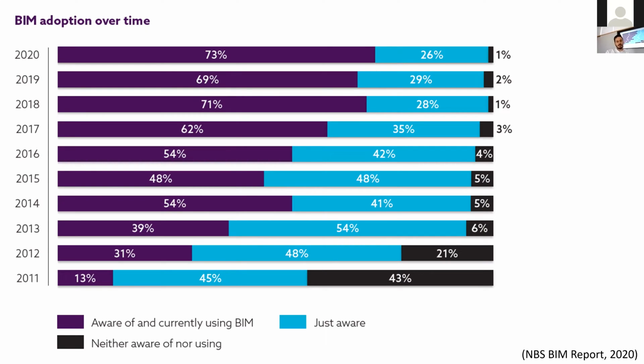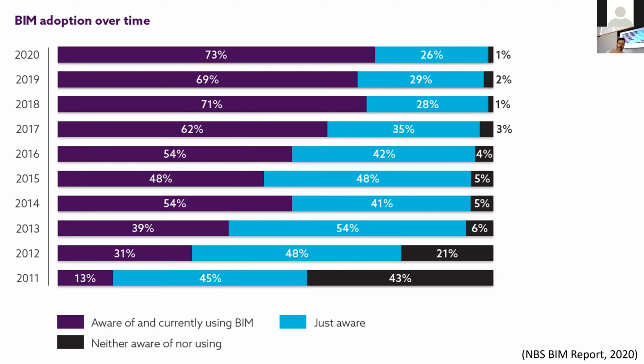So you can see in 2011, only 13% were adopting BIM processes within their design process, 45% were just aware but not adopting it, and around 43% were neither aware of nor using what we call the BIM process, as we know it at the moment.